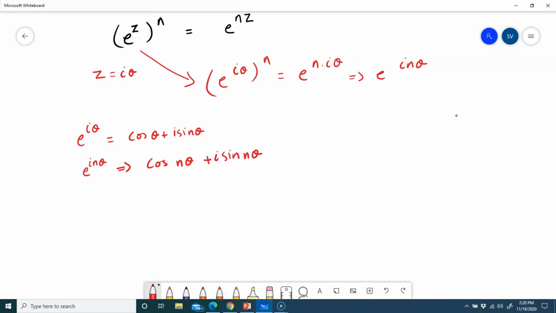So this is actually the DeMoivre theorem. We can rewrite this as e raised to i theta to the power n. What is e raised to i theta? e raised to i theta is cos theta plus i sin theta. So this will be to the power n, that's equal to cos n theta plus i sin n theta. So this is actually the proof.